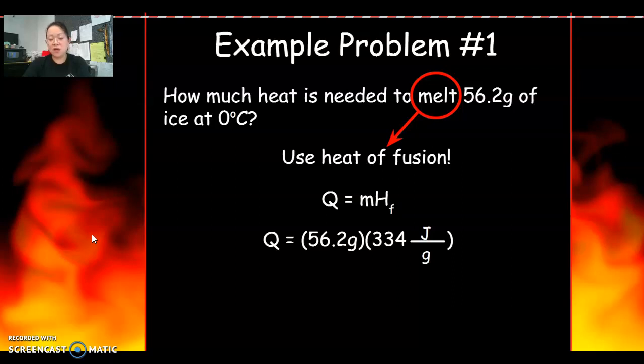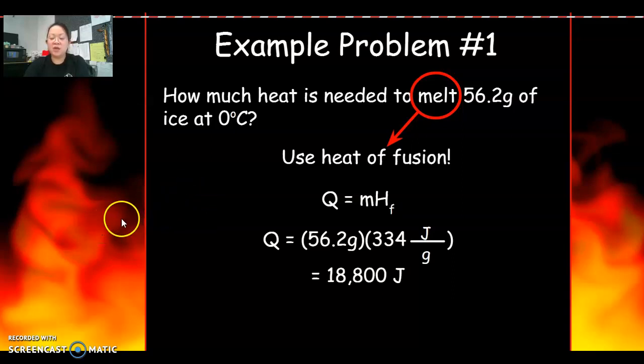And something to note here is the units for grams are going to cancel, leaving us with joules. So our answer for this problem with the correct number of sig figs is 18,800 joules. So we're not including the 0 degrees Celsius because that was just letting us know that yes, a phase change is happening at that particular temperature.